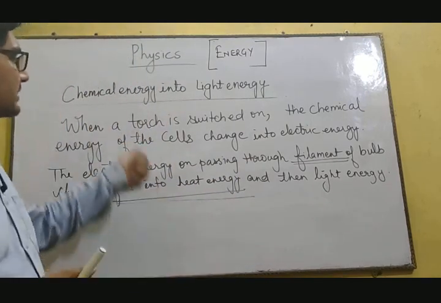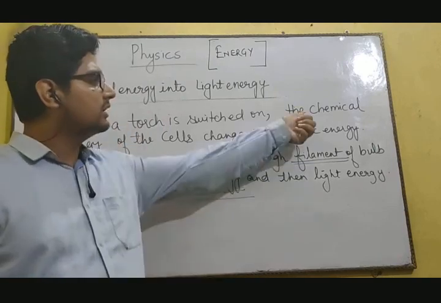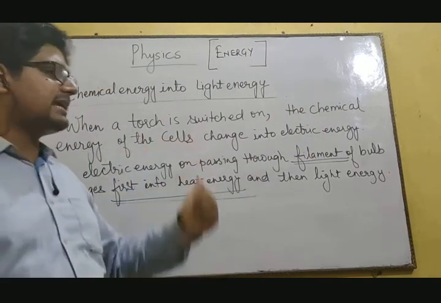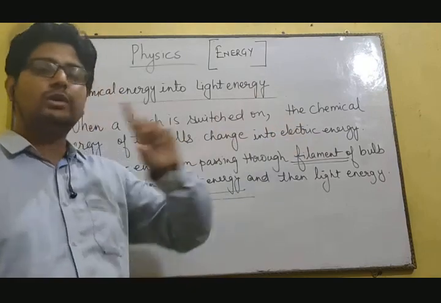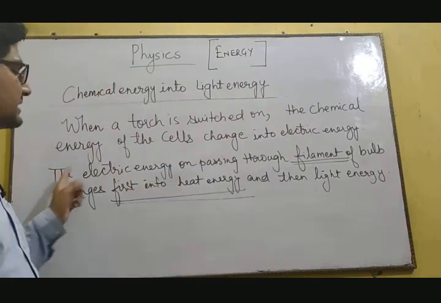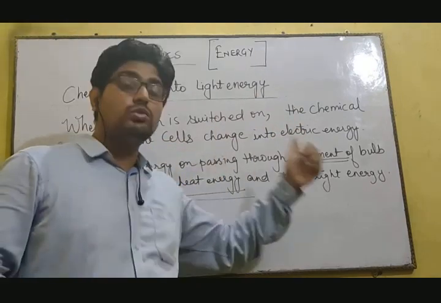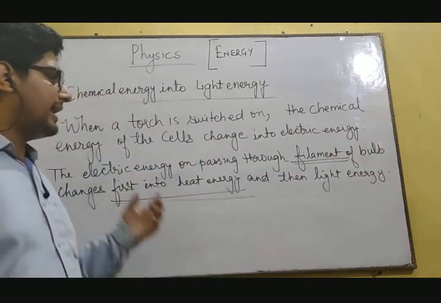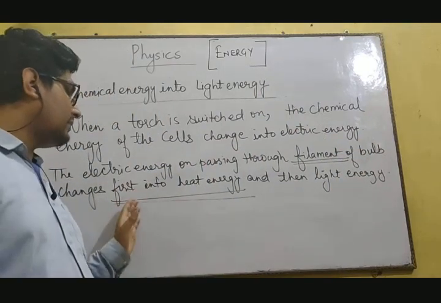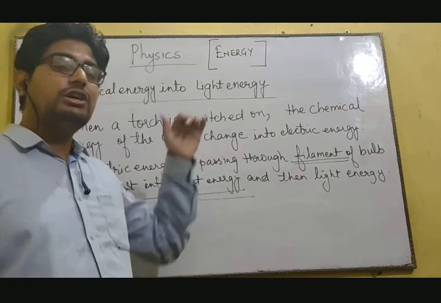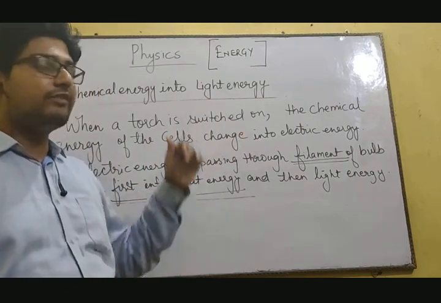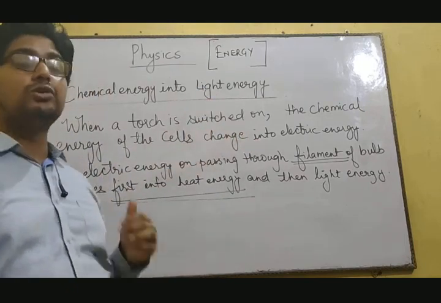So first, when you switch on the torch, the chemical energy of the cell will get converted into electrical energy. Then this electrical energy will pass through the filament of the bulb, and when it passes through the filament, it will get converted into heat energy. So one form of energy will convert into a second form, and then into a third form.